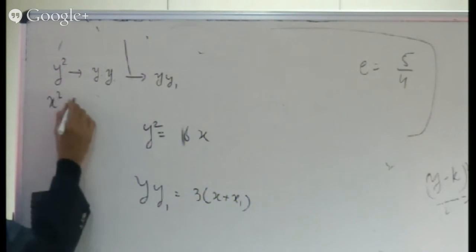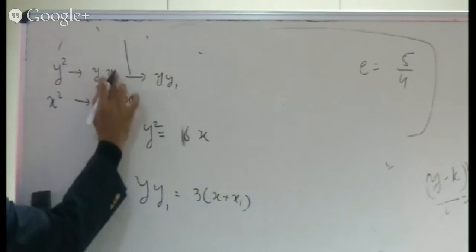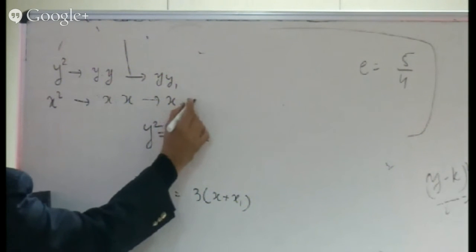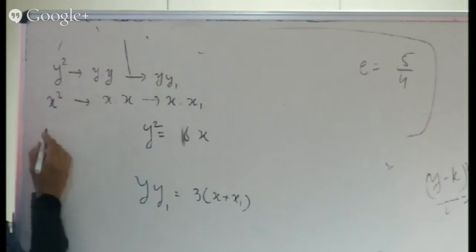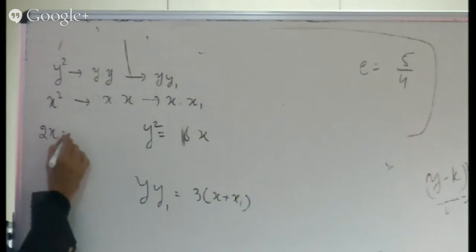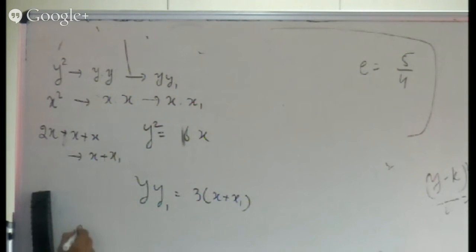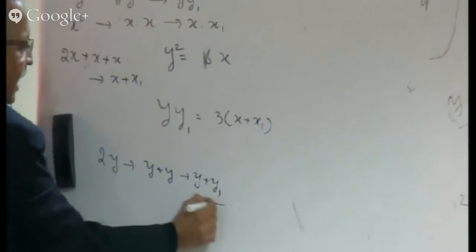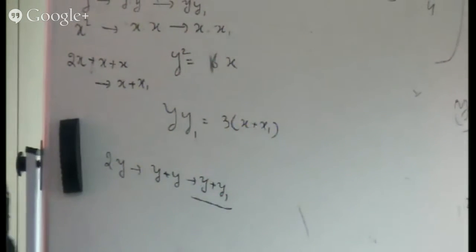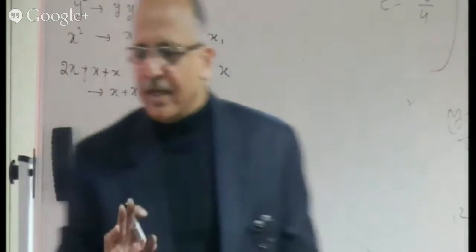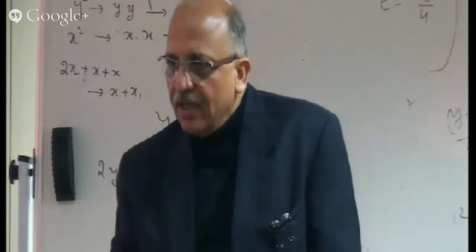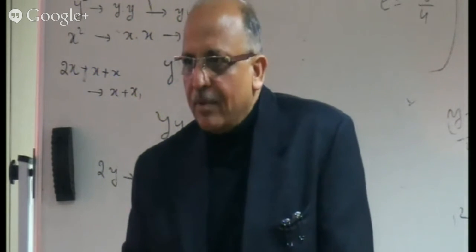If there is x square, write as x into x, replace one x by x1. And if there is something like 2x, write it as x plus x and replace one x by x1. 2y, y plus y. And this applies to every conic section, to a circle, to an ellipse, to a parabola, to a hyperbola.